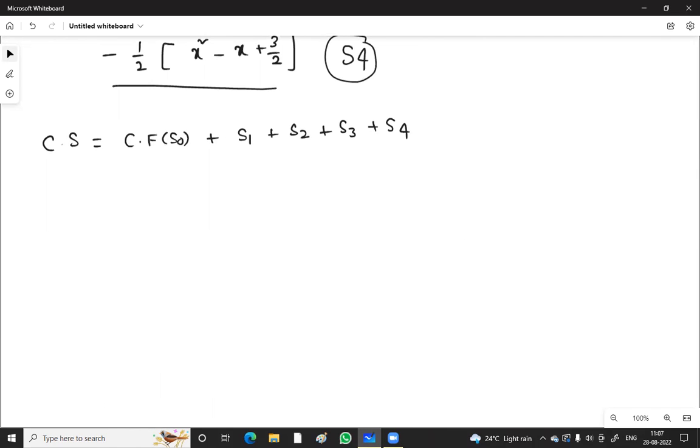All terms you have to combine. That is the whole solution of the given differential equation.